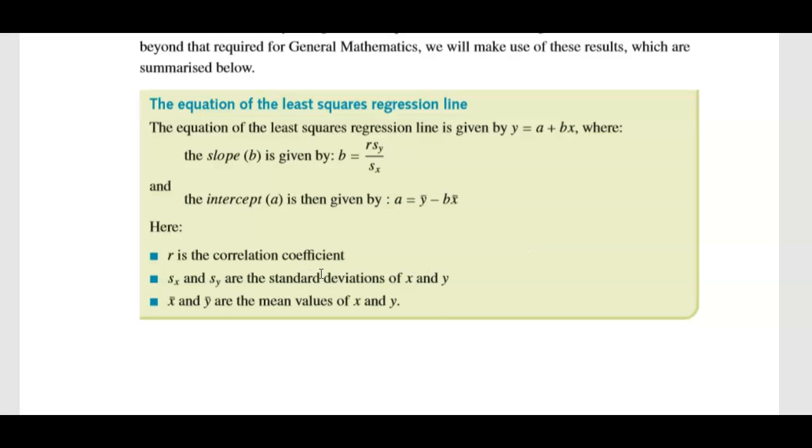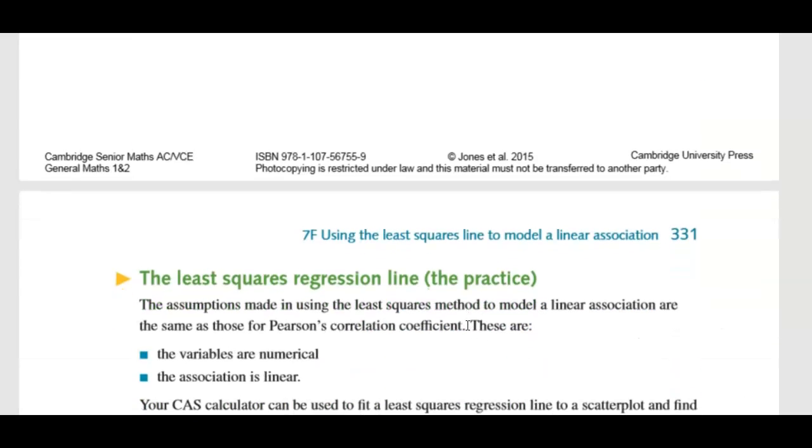The dot points down the bottom tell you what each thing is. b is our slope, a is our intercept, r is the correlation coefficient, sx and sy are the standard deviations of x and y, and x bar and y bar, the bar on top meaning the mean, are the mean values of x and y. So we just use the standard deviations and the means. That will probably make more sense when we do some questions.